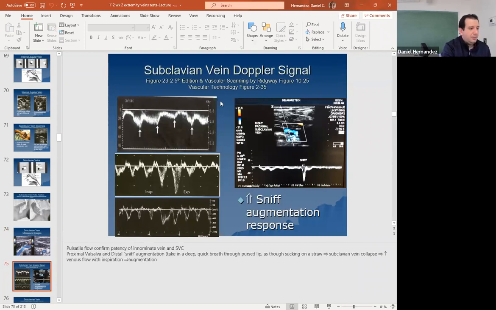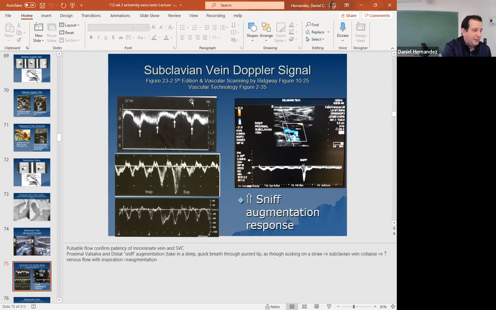So important to note with subclavian Doppler signals, we want to see some degree of pulsatility within that vessel. So that's pretty important when we're imaging subclavian vein with our upper extremity duplex exam, because we're going to be comparing it to the contralateral side, to the opposite side, and looking for any disparity or differences between the pulsatility between the two sides.